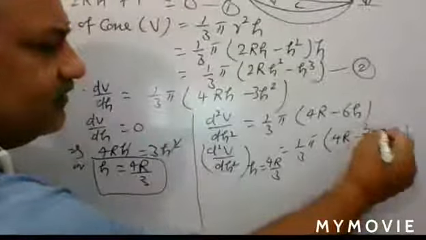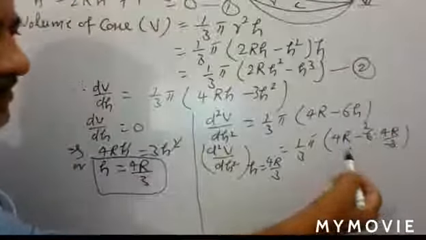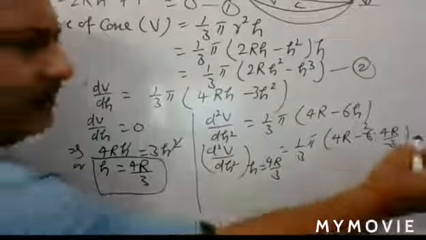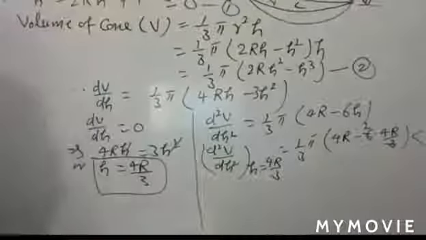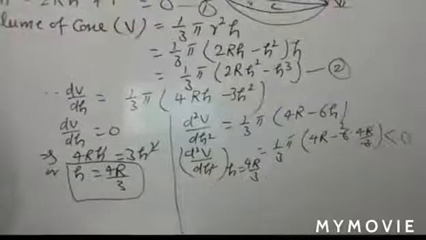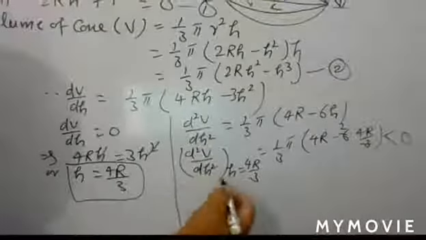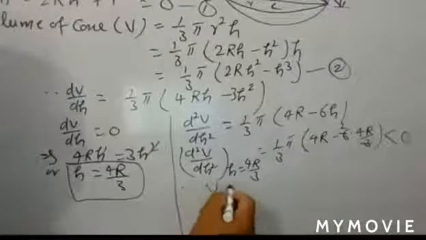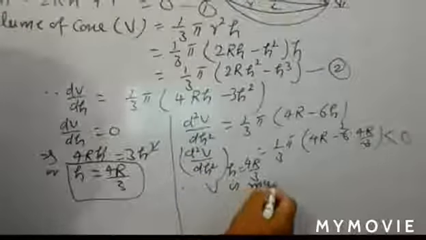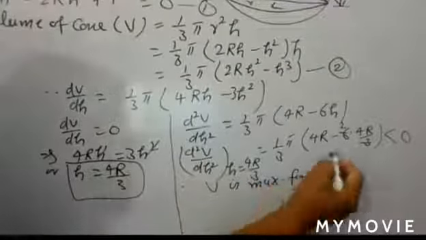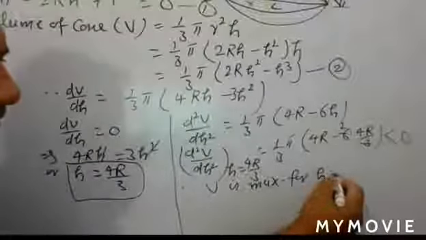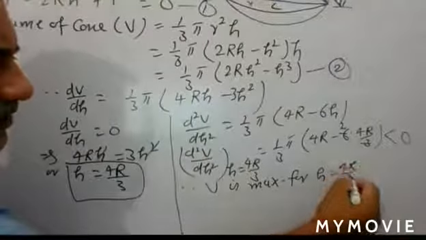And 3 into 6, here you have a minus sign, meaning again you have a negative value. So you write that it is less than 0. If the second derivative is negative, hence V is maximum for h is equal to 4R by 3.